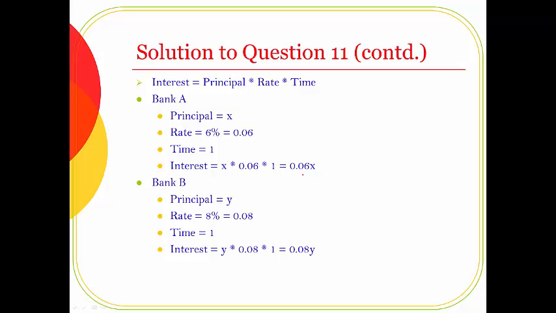Now, they told us that the interest from Bank B is 6 more than twice the interest from Bank A. And that gives you that 0.08y is equal to 6 plus 0.12x. That gives you your equation 2.